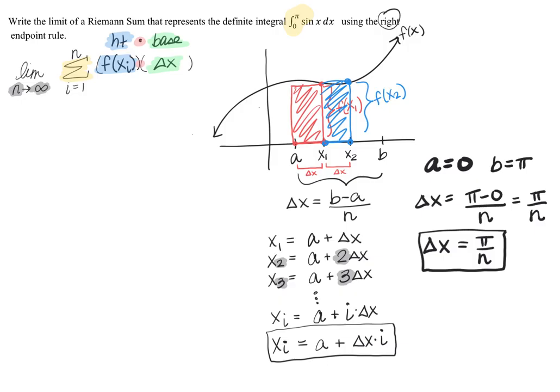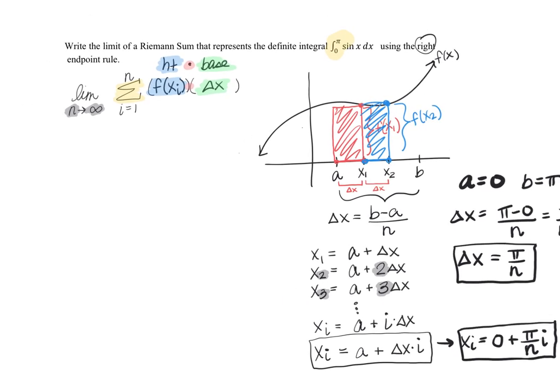Therefore, our x sub i is our a value, which is 0, plus our delta x, which is pi divided by n, times i. So here's the next important component that we need to write the limit of a Riemann sum. Let's take both of those expressions and come back to our limit. We'll take the limit as n approaches infinity. We're summing up a bunch of areas from i equals 1 to n. And now we have the height times the base.